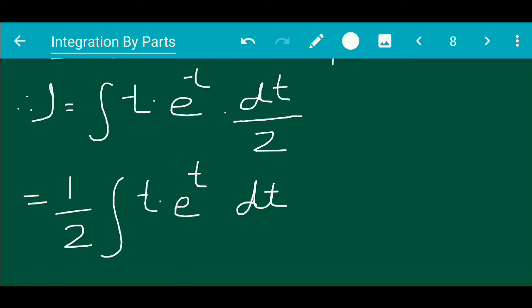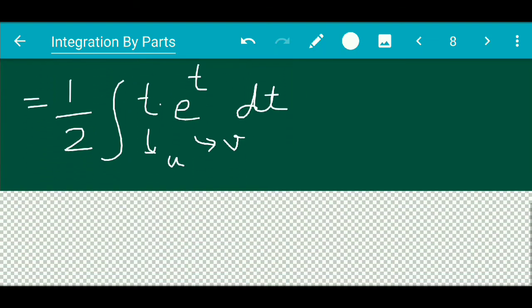Now of course we can use a product rule for integration, that is integrating by parts. E raised to t becomes v being an exponential function and t becomes u being an algebraic function. So u into v rule we are using over here.